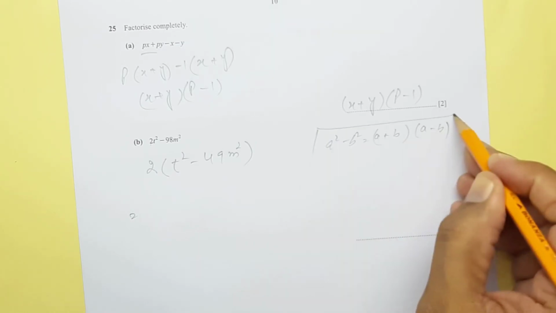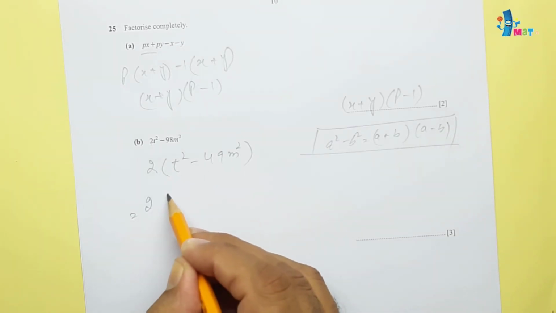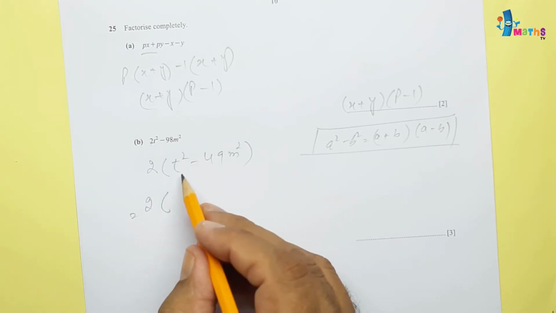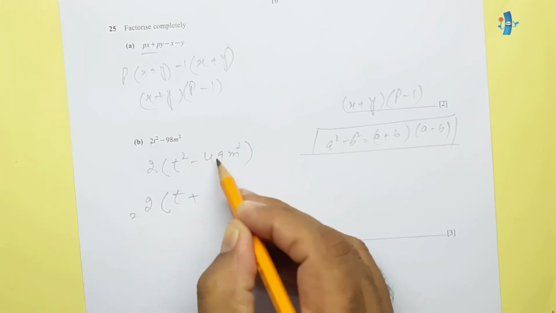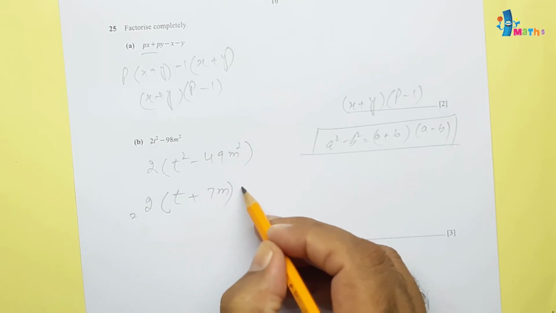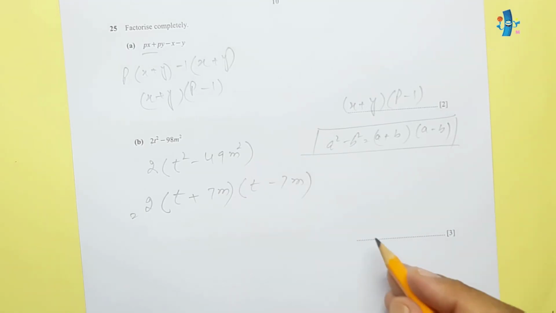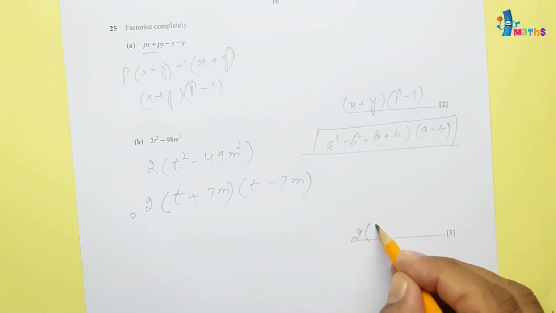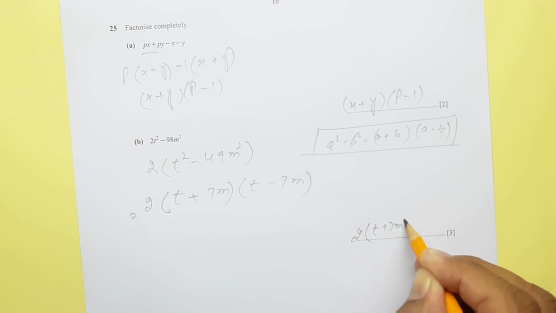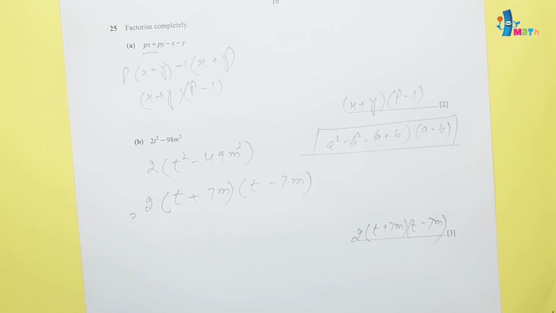This formula will be applying over here, and this will be 2 into t plus 7m, 7 square being 49m squared, and t minus 7m. So you can see this t plus 7m and t minus 7m. This will be our final answer.